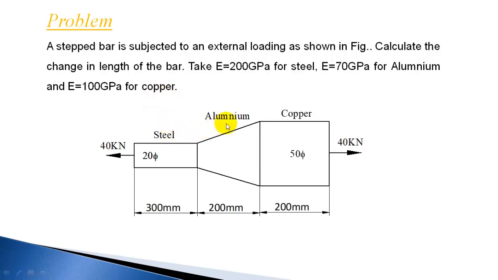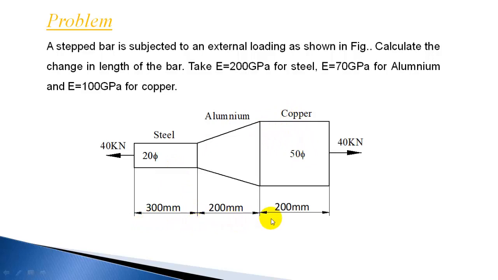So there are three different materials: steel, aluminum and copper. The first portion is of uniform diameter, the second portion is of uniformly varying cross section, and the last portion is of uniform diameter. The first portion is 20 mm diameter, and here it's 50 mm diameter.